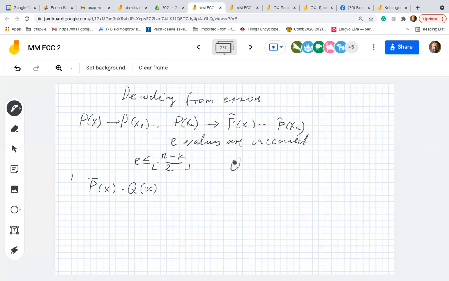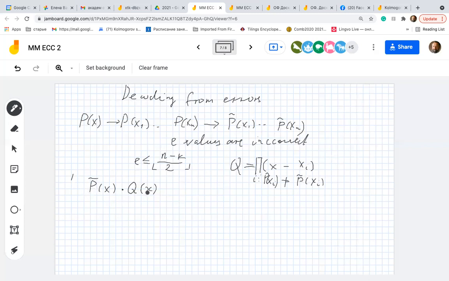So Q is the product of x minus xi over all i's such that P of xi differs from tilde P of xi. So to say, Q is the annihilator of errors. It annihilates in all points where you have an error.